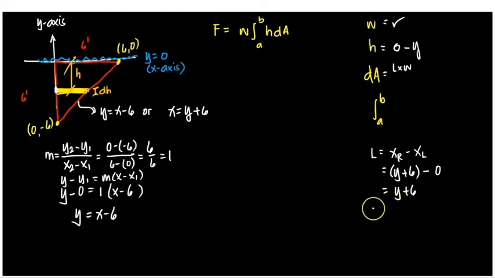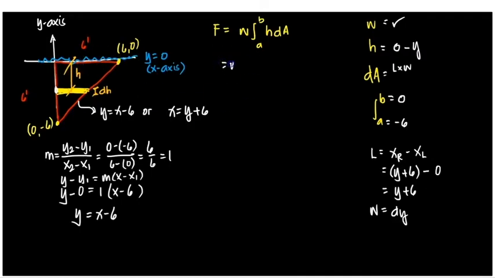What about the width? The width is actually just dh, or in our case, dy. There's no problem with that. That's the differential width. Now, if it's fully submerged up to a depth at that point, 0, -6, I can see that a should be -6 and then b would be 0 because it's submerged up until the surface.